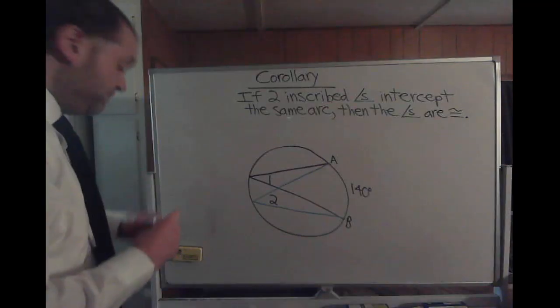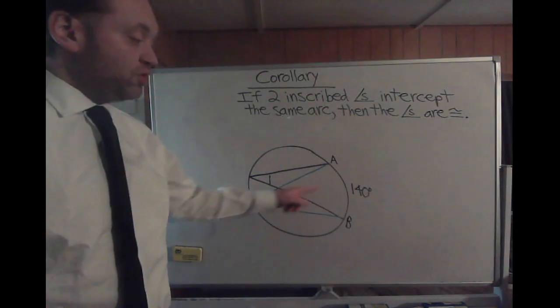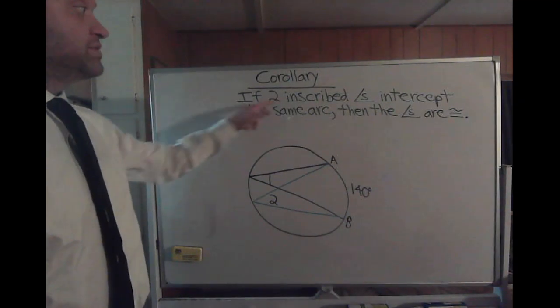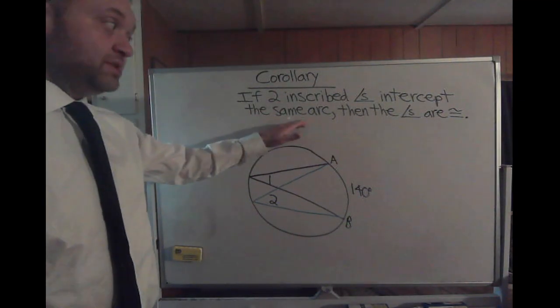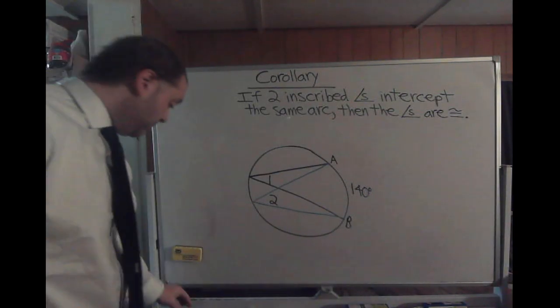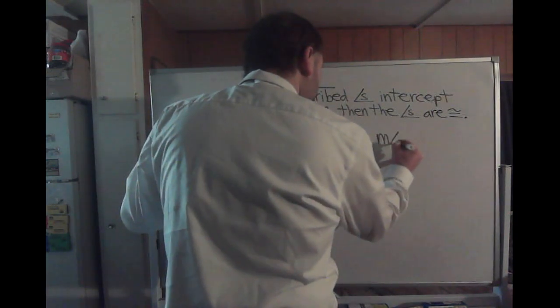So this time we have a circle with two inscribed angles, but they both touch the same arc. This corollary states that if two inscribed angles intercept the same arc, then the angles are congruent. We've already established that the measure of angle 1 is 70 degrees, because it's half the measure of the intercepted arc.